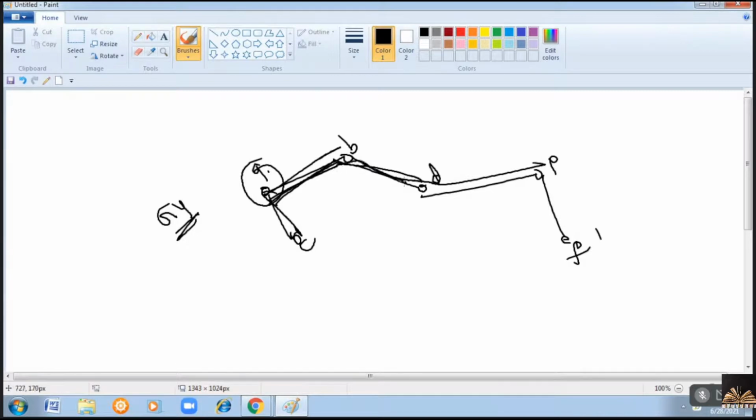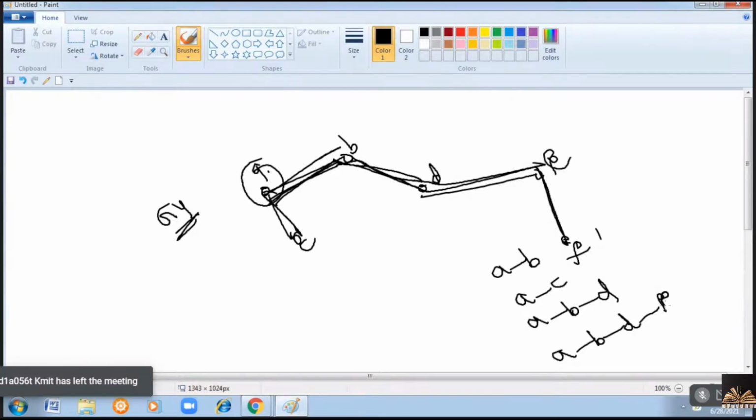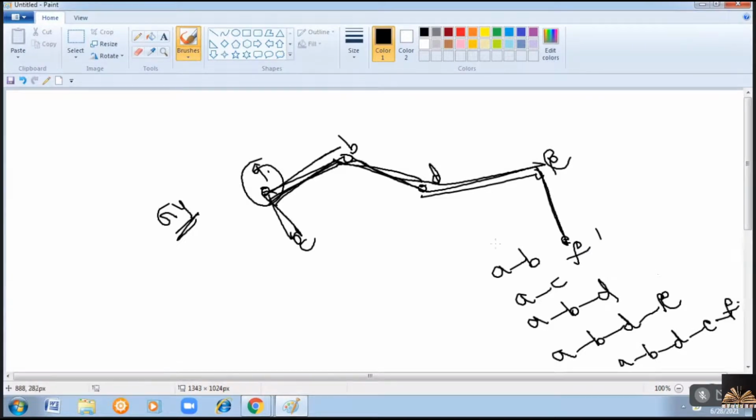From A, you can reach B, C, D, E, and also F. So from every vertex, you are able to reach every other vertex in the graph. Therefore, we can say that this graph is a connected graph.